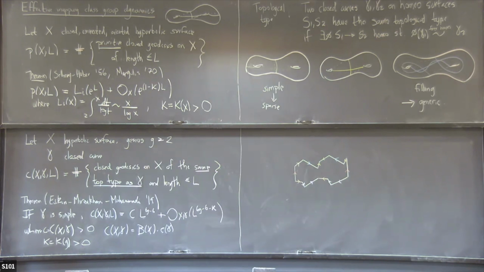Namely, can we say that C_X(gamma, L) is at least Lipschitz equivalent to a function which will count the following: you fix a set of generators for the fundamental group, and you ask how many conjugacy classes will appear in the automorphic orbit of gamma.